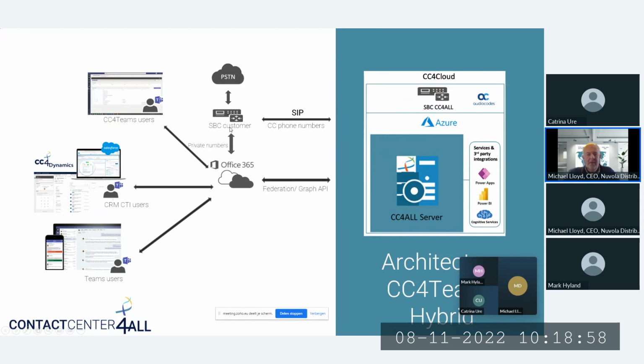When I have a direct call to one of the people inside, the call will go directly to that person's Teams client or mobile Teams client. So when you want to support, let's say, contact centers, service desk, reception, etc., all these areas where you have a lot of communication, there CC for Teams comes into play.